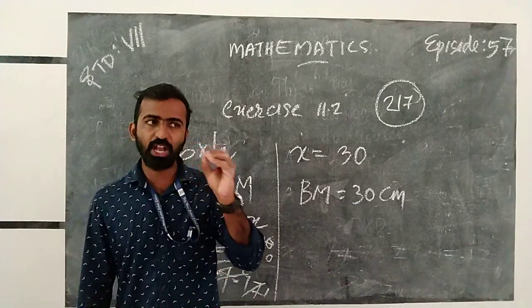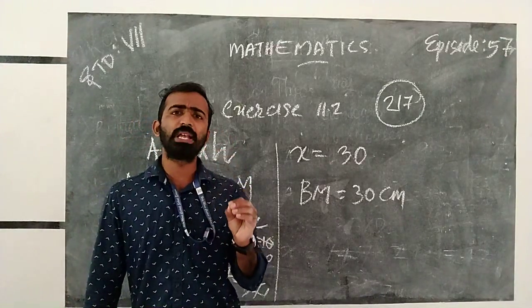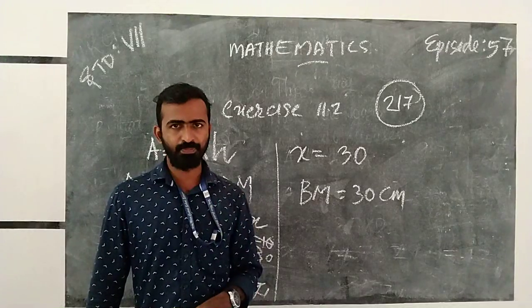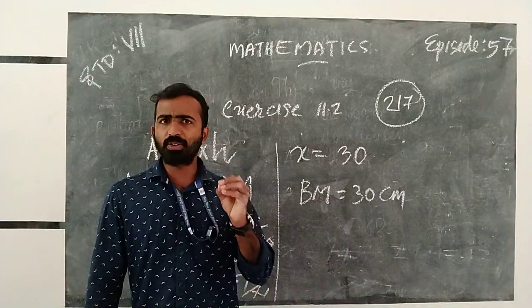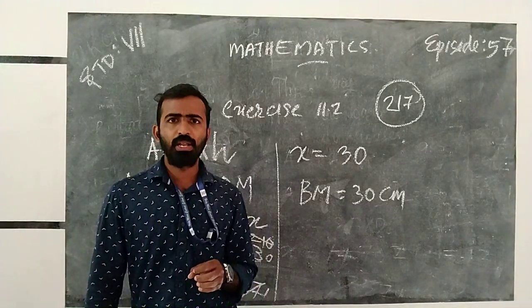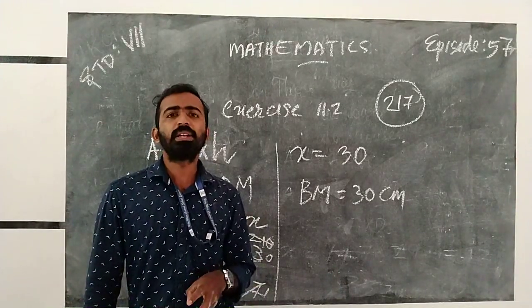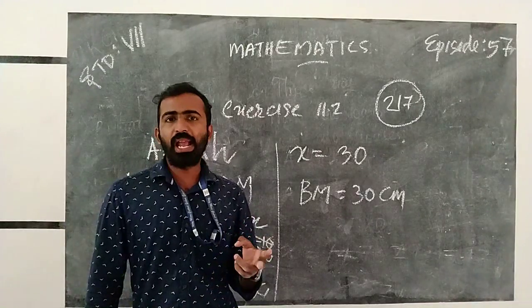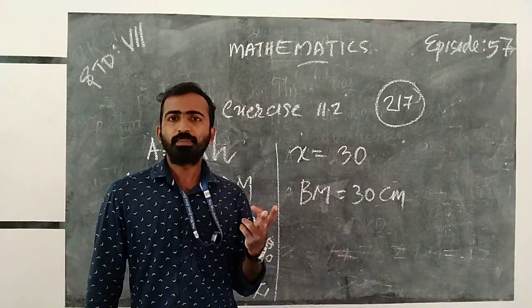Area of the rectangle equal to L into B, means length into breadth, and perimeter of the rectangle equal to 2 into L plus B. Yes.